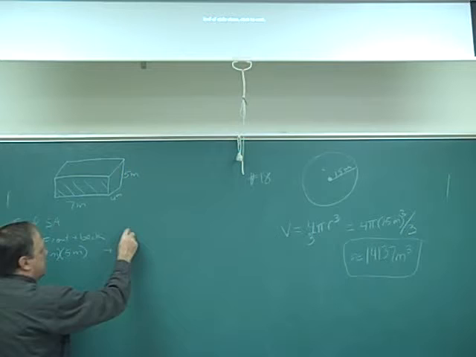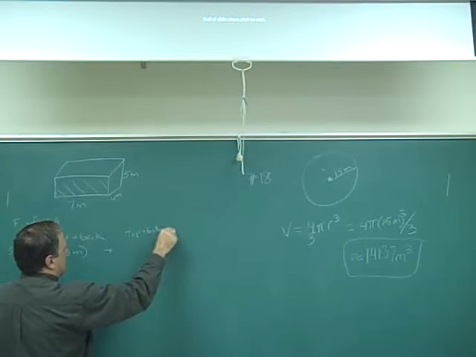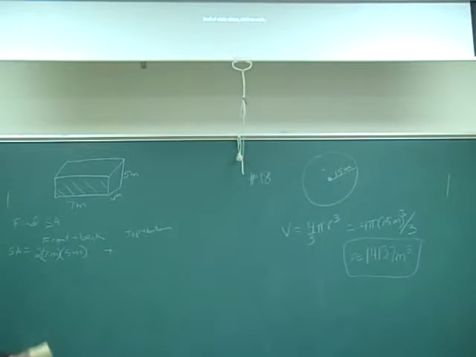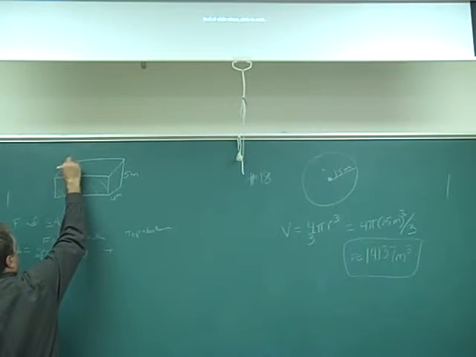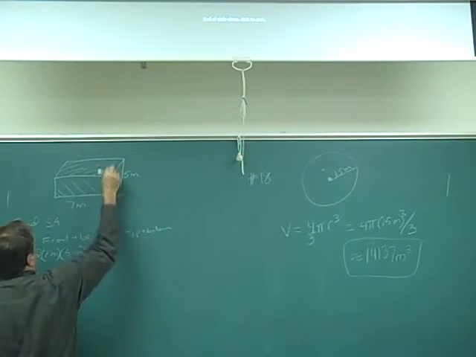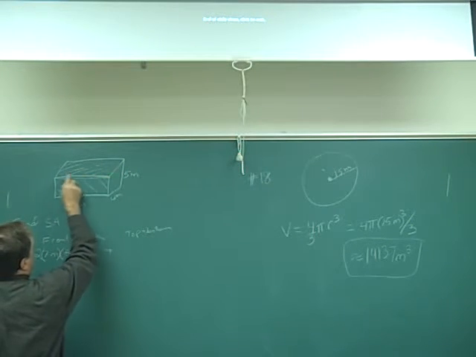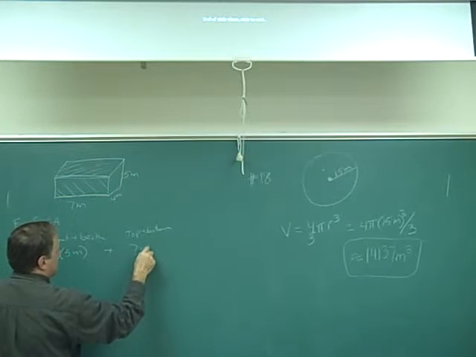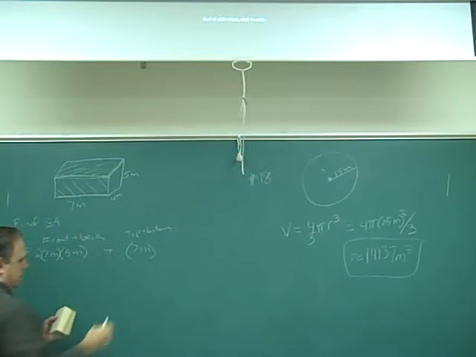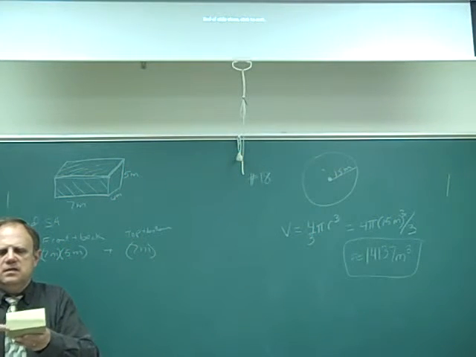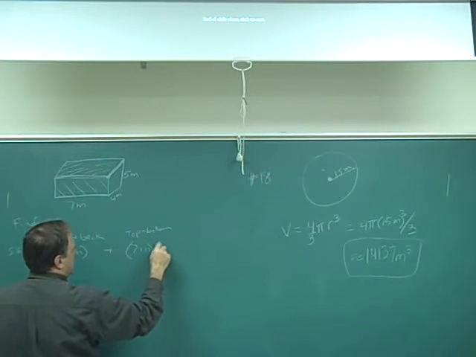Now we want top and bottom. Okay? So we'll do that in yellow. And that's going to be, if this is 7, what's this going to be? 7, right? 7 meters times 4 meters.